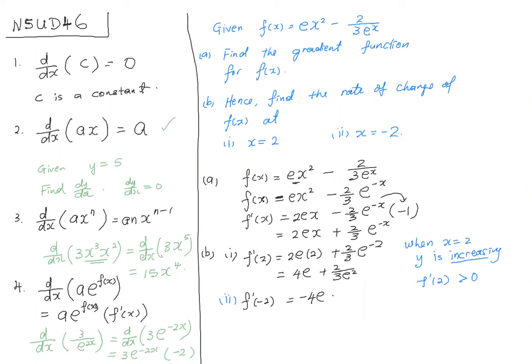Why minus 2 over 3e squared? You tell me why minus? Oh, plus 2 over 3e squared. Yes, so negative 4e plus 2 over 3e squared.